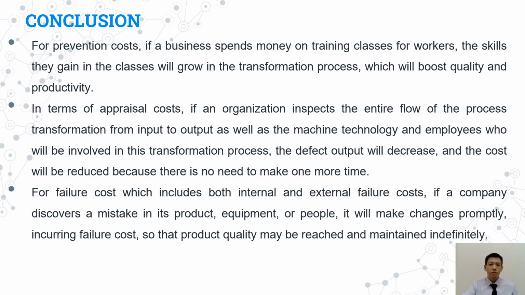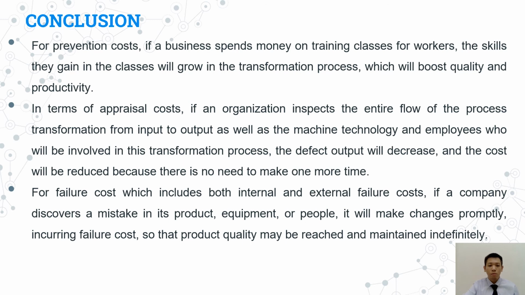In conclusion, for prevention costs, if a business spends money on training classes for workers, the skills they gain in the classes will grow in the transformation process, which will boost quality and productivity. In terms of appraisal cost, if an organization inspects the entire flow of the transformation process from input to output as well as the machine technology and employees involved in this process, the defective output will decrease and the cost will be reduced because there is no need to make it one more time.